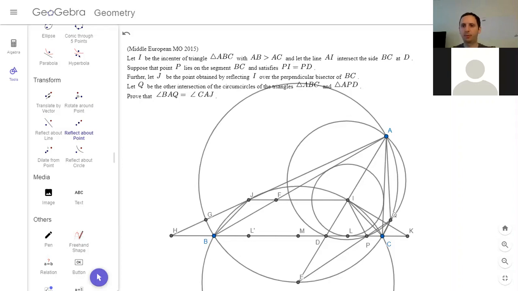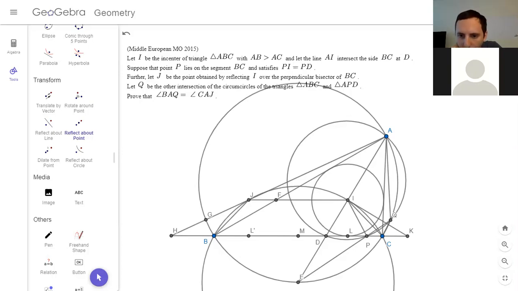But the problem is when we use power of a point, how do we find DP? That seems a little tricky to me. Yeah, I don't see a good way to calculate DP.